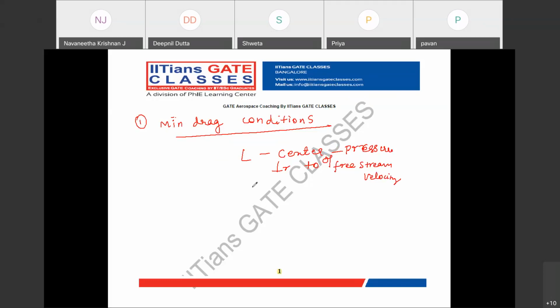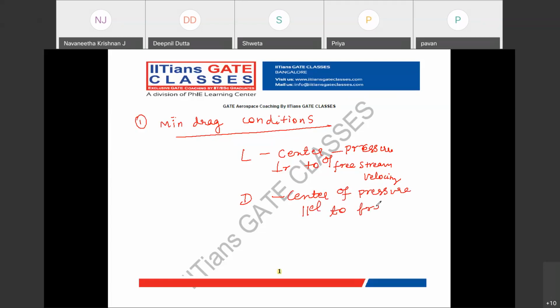Second is drag force, which is again acting at the center of pressure location, parallel to free stream velocity.